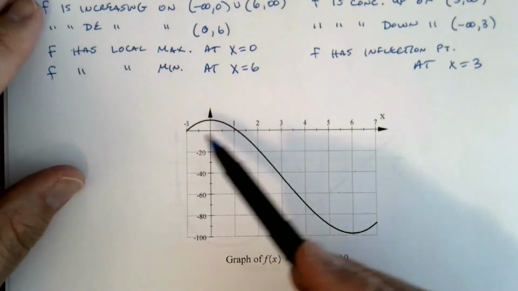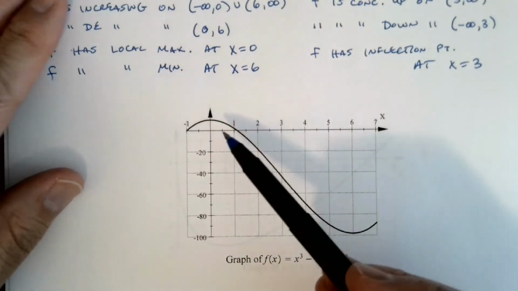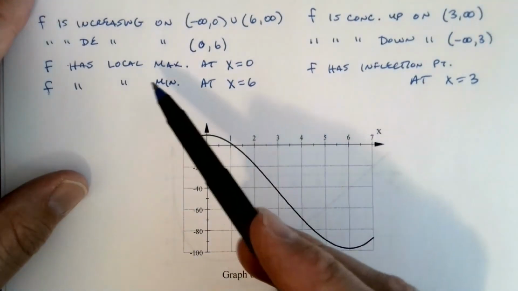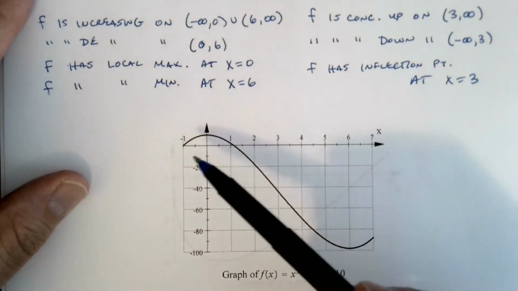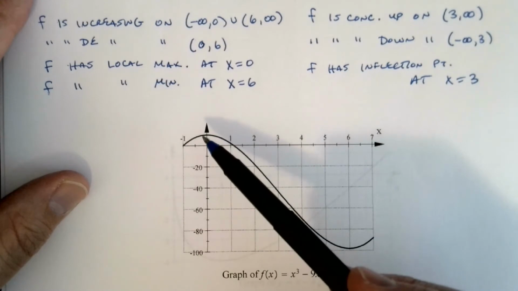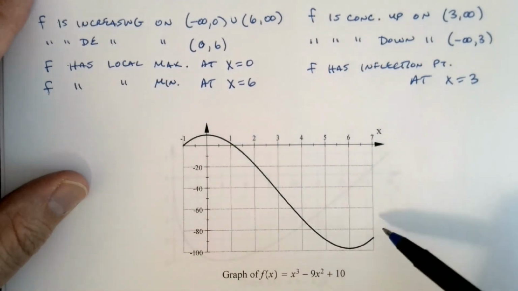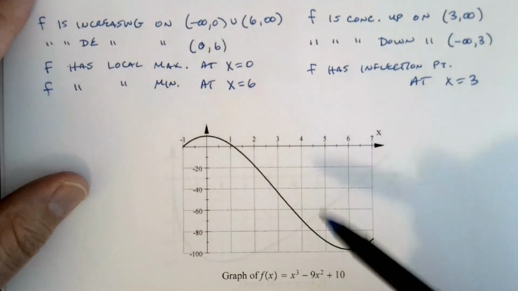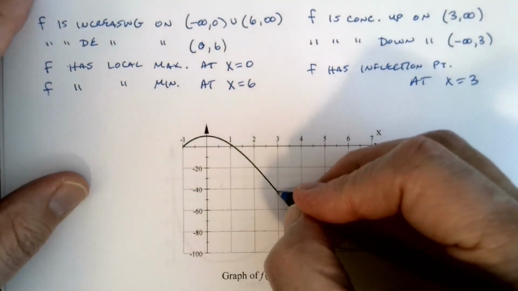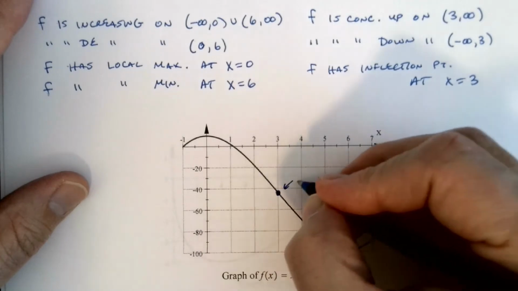But again, the important features in the graph are shown here, and we find the location of our local max at x equals 0, local min at x equals 6. We're increasing for values less than 0, increasing for values greater than 6, and decreasing between 0 and 6. And we have an inflection point at x equals 3, so right here, there is our inflection point.